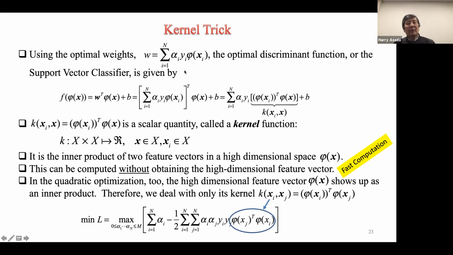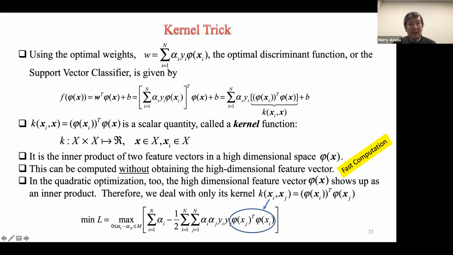Now using the optimal weight, the optimal discriminator function, sometimes called the support vector classifier, is given by this form. Replacing x by phi of x, and W is now represented by this, which also includes phi.